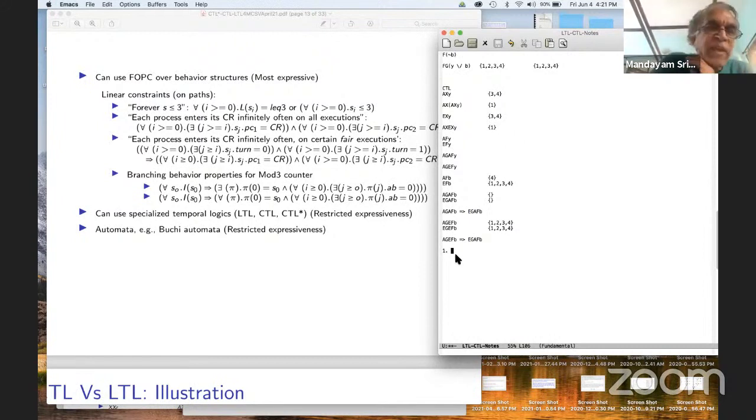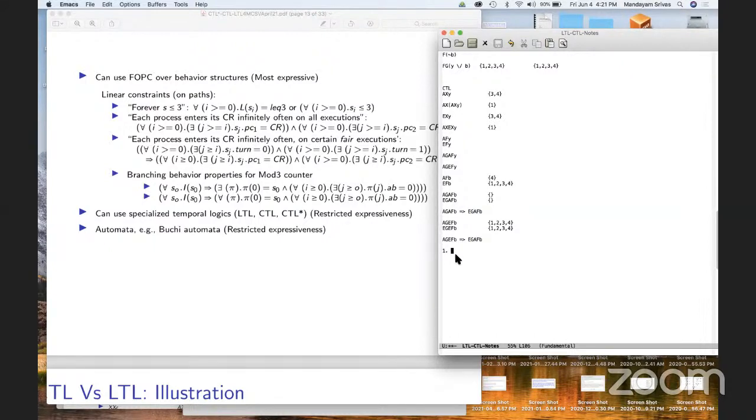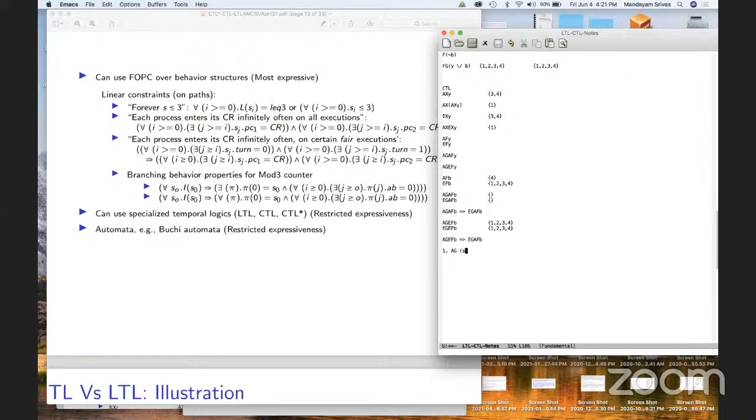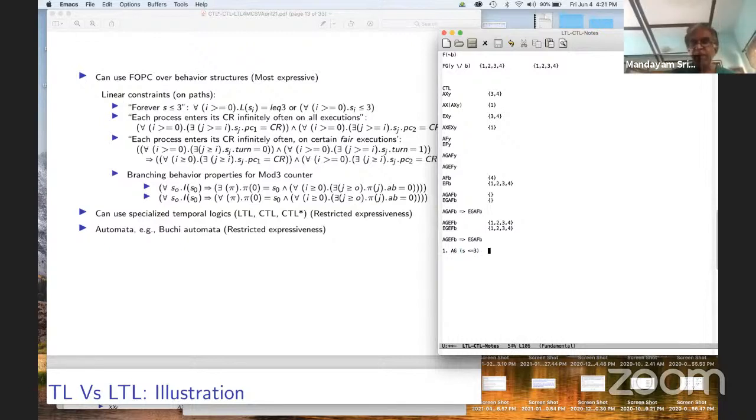When you say forever S must be less than or equal to 3, that means you're saying on all paths, if you're interpreting the behavior as linear behavior, so you're saying, I got confused. AG S less than or equal to 3. Yeah, that is the CTL formula. Okay, AG of S less than or equal to 3, exactly correct.